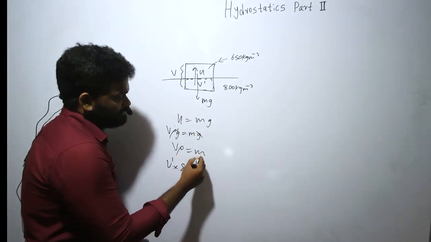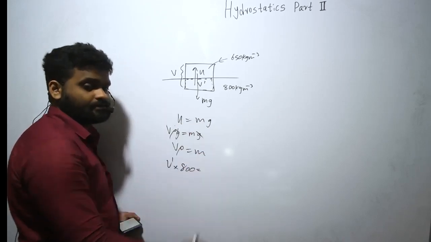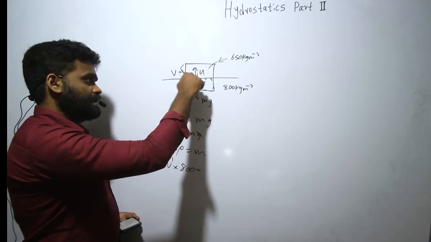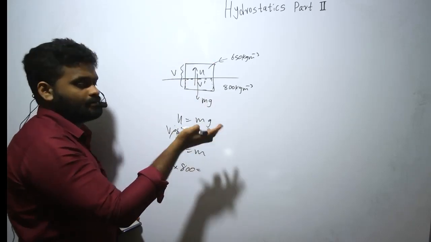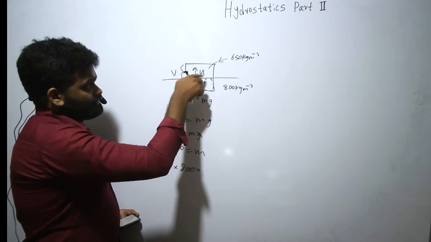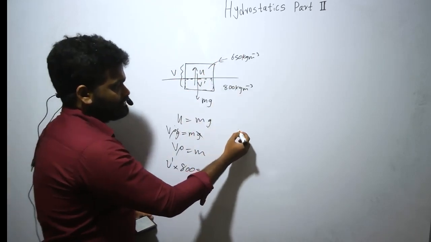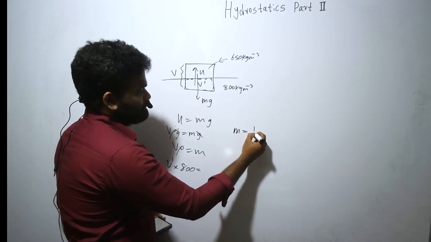So what's the liquid density? 800. Then the mass of the object. You have to clearly understand whether it is the object or the liquid. So how do you get the mass of the object? The density of the object is given. So density times volume.